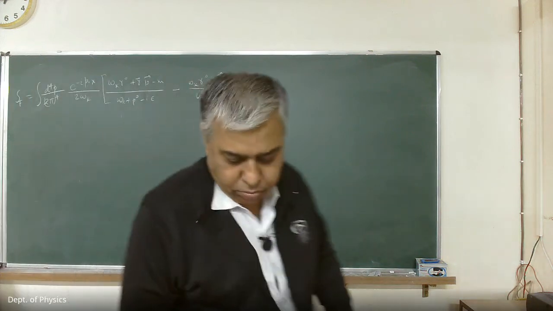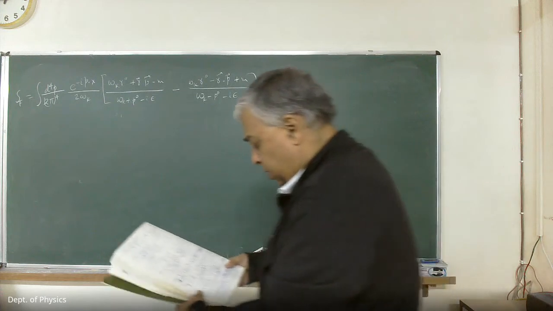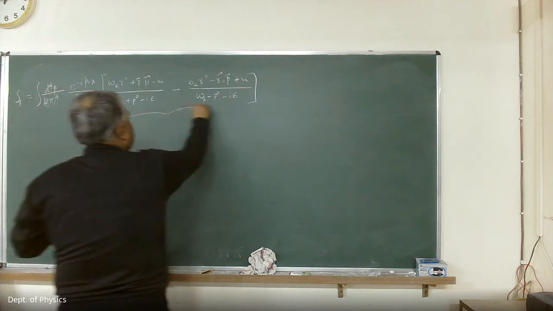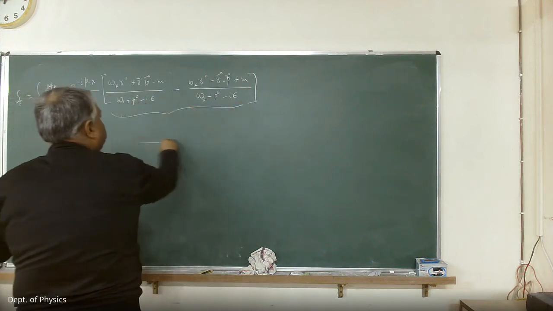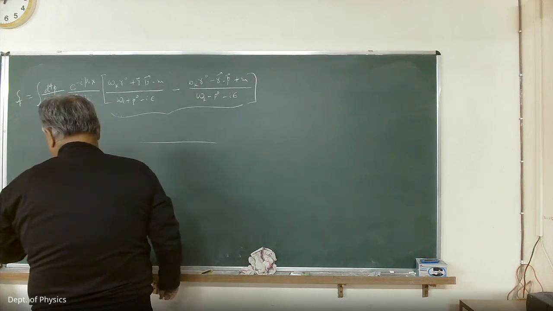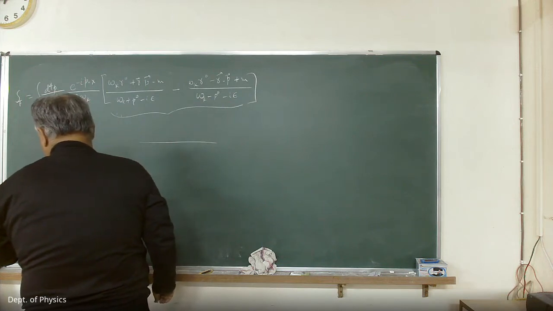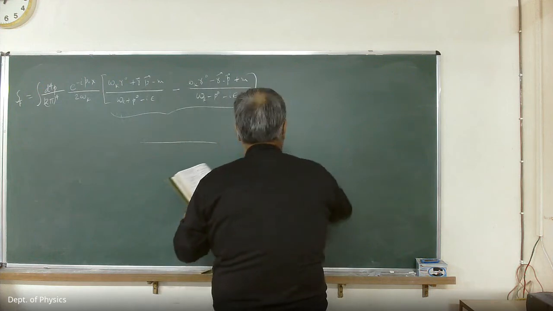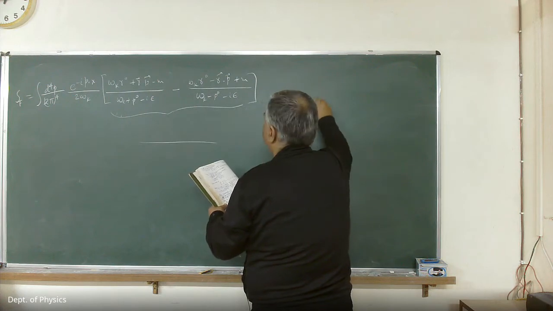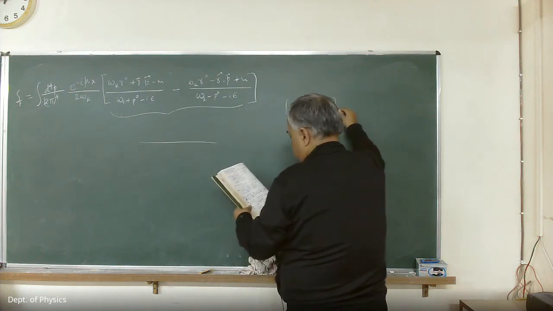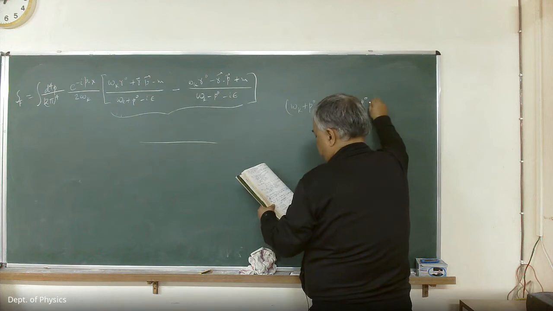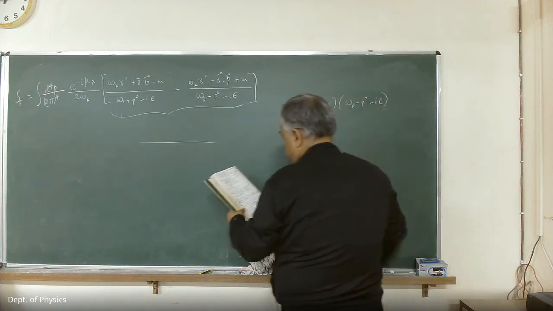So what will happen is, if you just calculate this, let me take their product: (ω_k + p⁰ − iε) into (ω_k − p⁰ − iε).